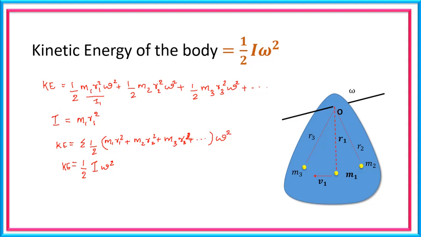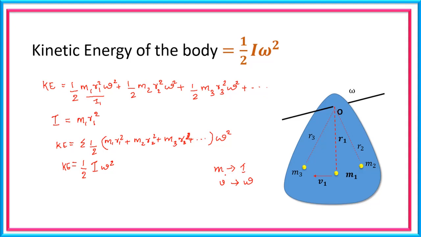Half I omega square. In linear motion, we have half m v square. Therefore, its rotational analogy is by changing mass into moment of inertia and linear velocity into the rotational or angular velocity omega. I have discussed this relation with mass and moment of inertia in our first video.